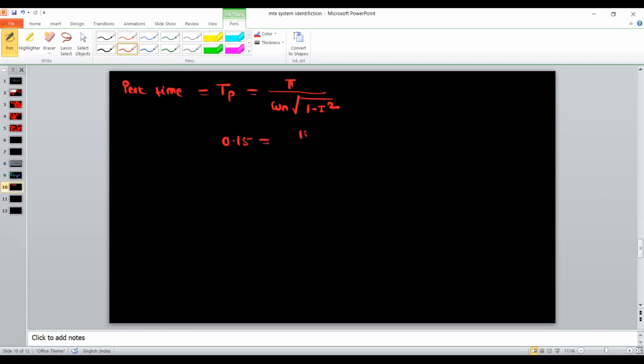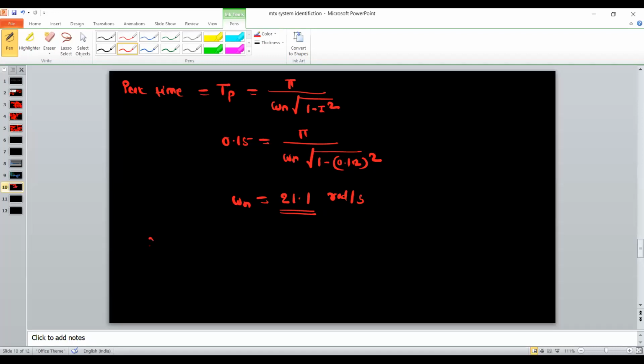This is equal to pi upon omega n into square root 1 minus 0.102 square. Okay. So solve this equation and get the value of omega n. So omega n value is 21.1 radian per second.